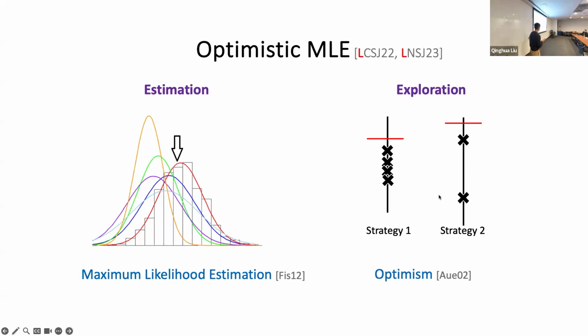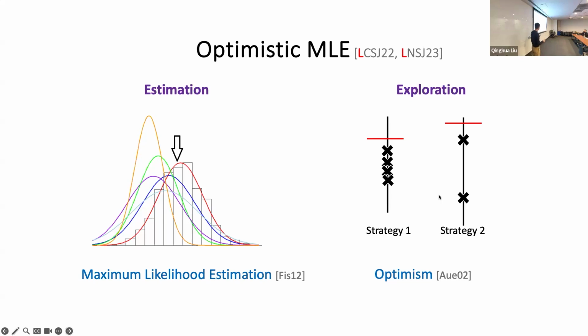And the second idea is optimism in the face of uncertainty. Let's say you're trying to decide between two different strategies, and you are uncertain about the reward each strategy can bring you.